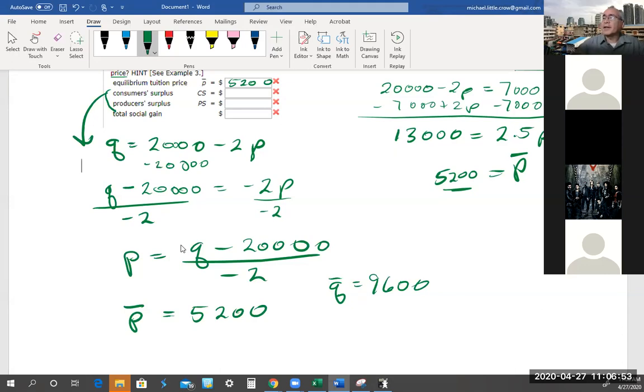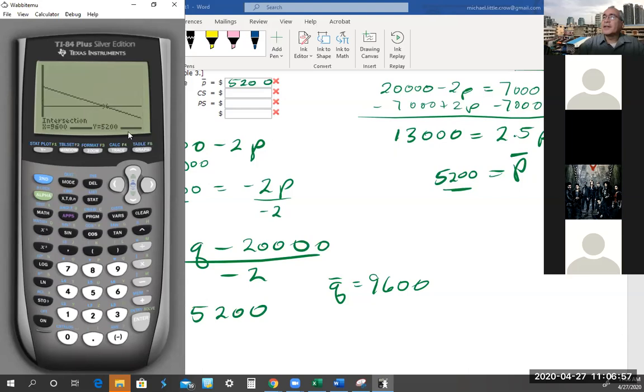Wait, second calc what? Number 5. So second calc, number 5, find the intersection of the two curves. And it gives us that it intersects at x equals 9,600.